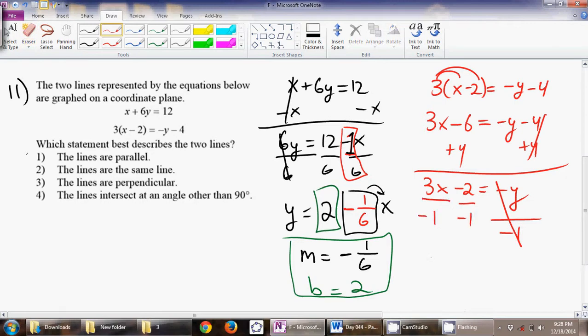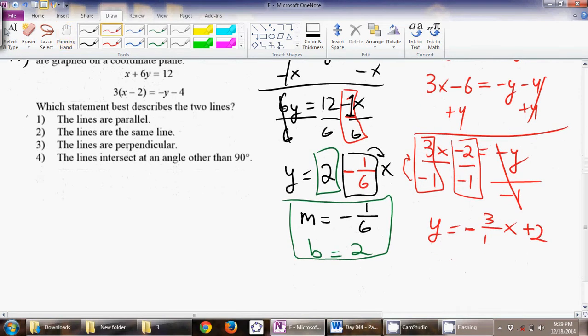What I'll be left with is y equals negative 3 over 1x. And then my y-intercept is a negative 2 divided by a negative 1. That's a positive 2. So the slope of this is minus 3 over 1, which is the same as minus 3. And my y-intercept is that lonely plus 2.